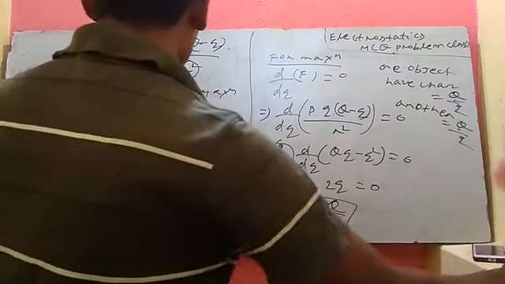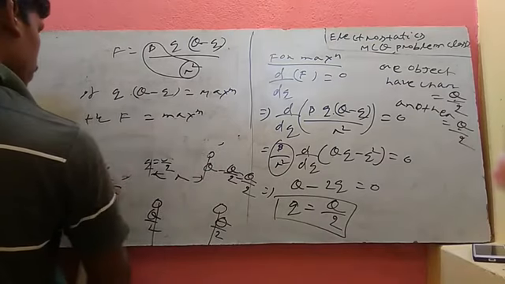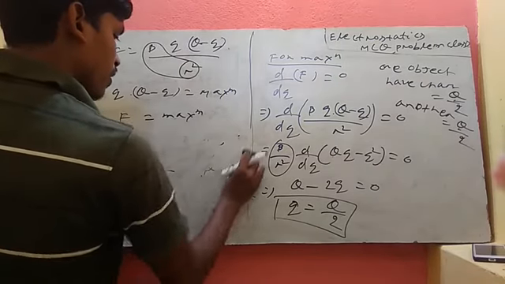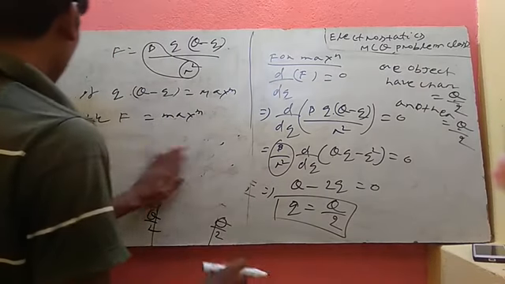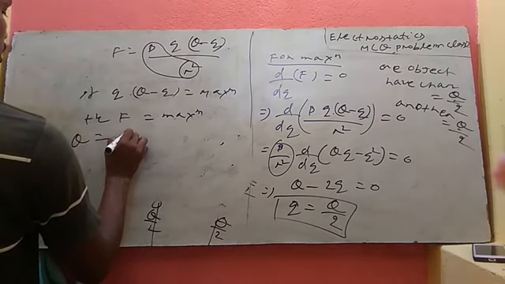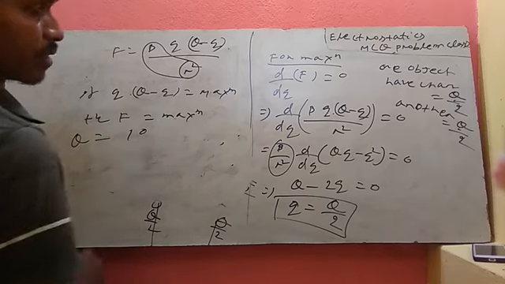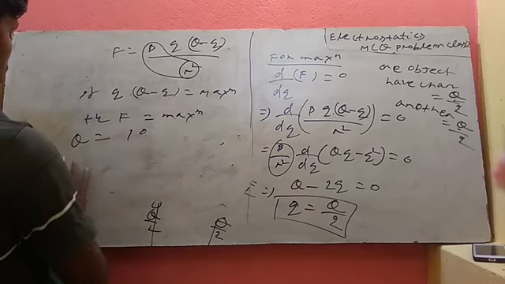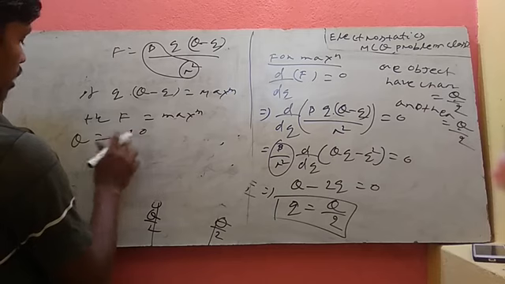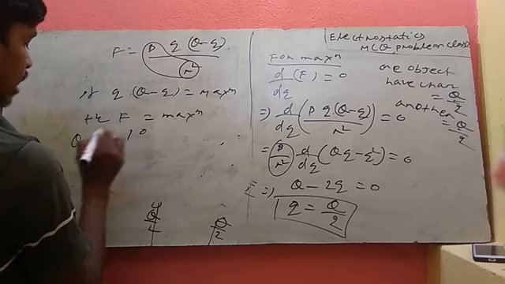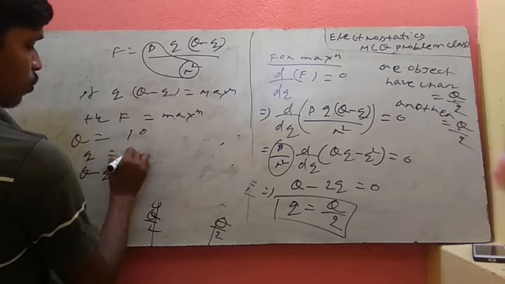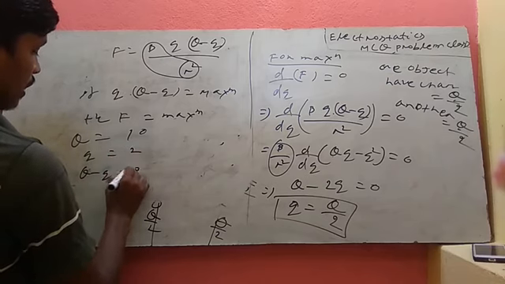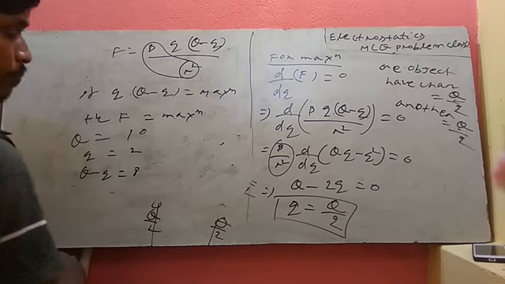Yes or no? So here, suppose example, capital Q is 10. That means this total charge Q is equal to 10. That means q is one charge, another is Q minus q. Suppose q is 2, Q minus q is 8, because 8 plus 2 is 10.